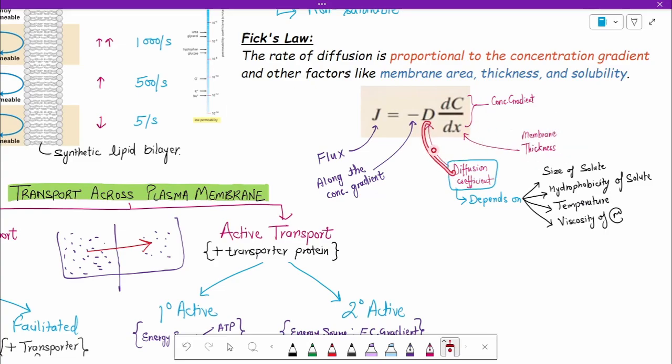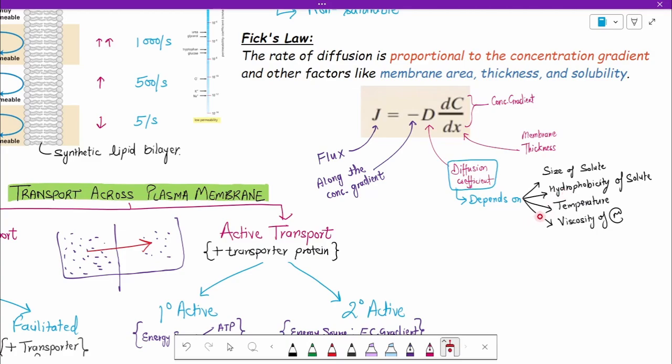Now, this diffusion coefficient depends on multiple factors. It depends on the size of the solute. If the size of the solute is lower, the solute can easily diffuse. It depends on the hydrophobicity of the solute. As we know, the plasma membrane is lipid soluble or hydrophobic in nature. If the solute is hydrophobic, it will be easy for it to pass through the plasma membrane.